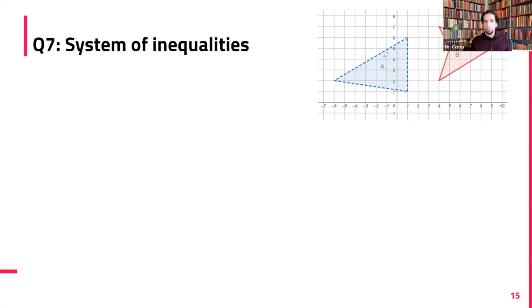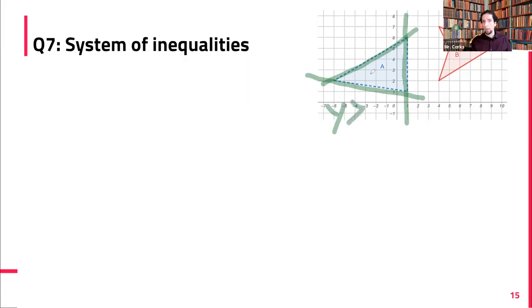So for A here, we can find the equations of these 3 different lines and then just turn them into inequalities. So for the line on the bottom, it should be y is greater than something because we're shading above that line. For the one above, it's y is less than because we're shading below that line.